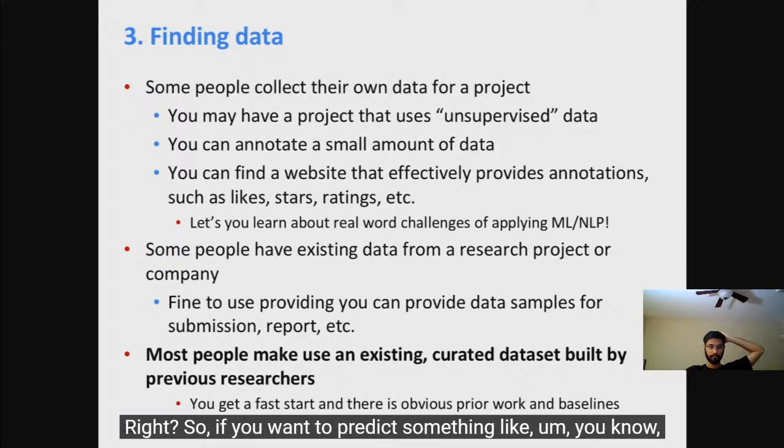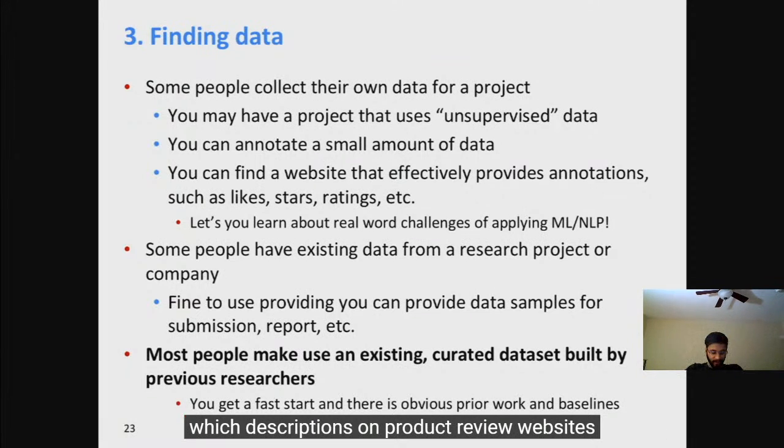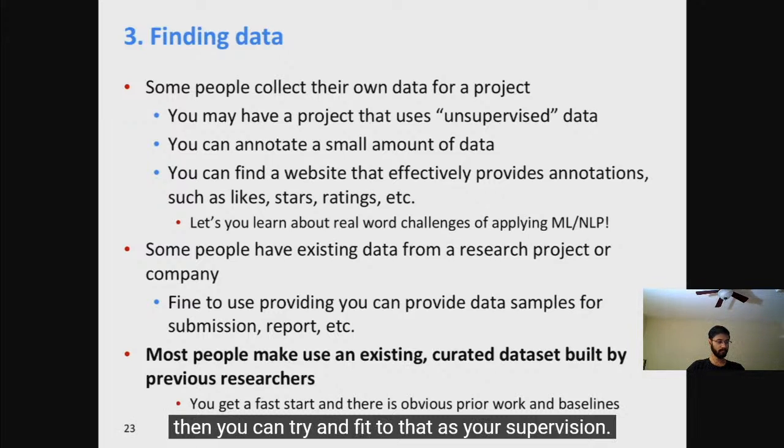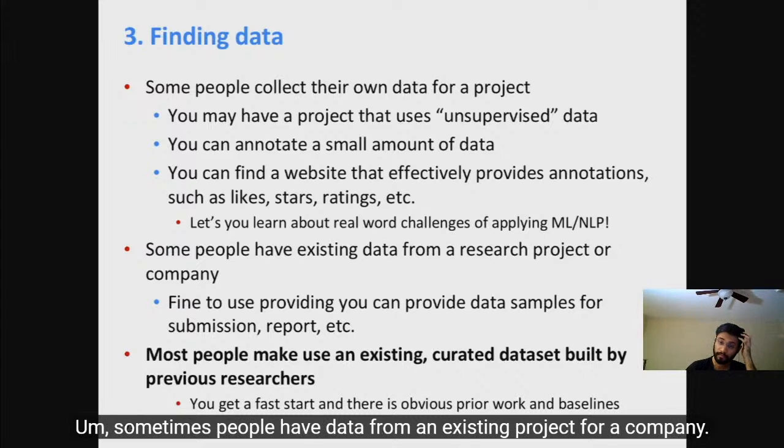So if you want to predict something like which reviews on product review websites people like, well, they get star ratings at the bottom from people, and then you can try and fit to that as your supervision. Sometimes people have data from an existing project from a company.